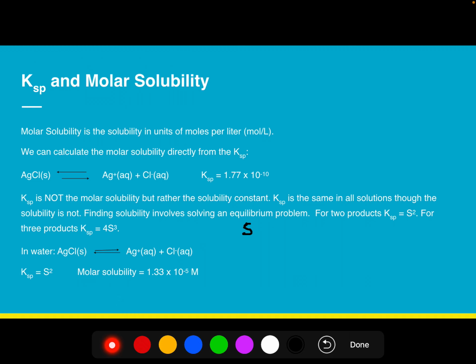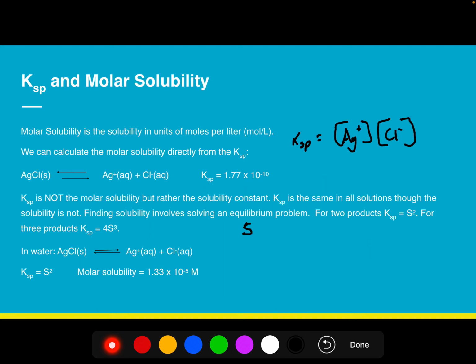So if we try to figure out the molar solubility of silver chloride, for example, KSP isn't the molar solubility, but you use it to find the molar solubility. So we're looking at KSP being equal to your silver and your chloride.